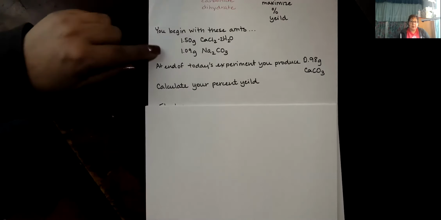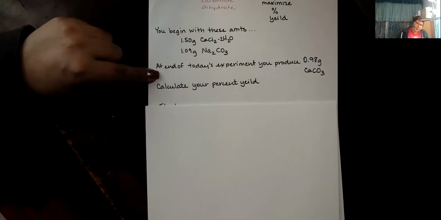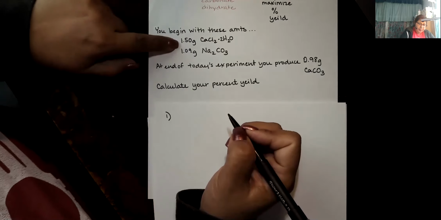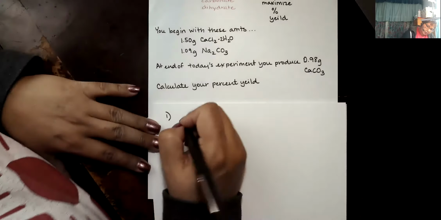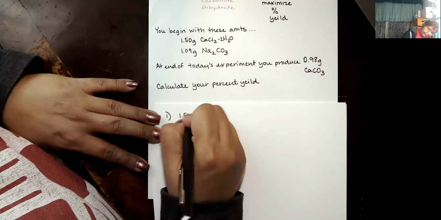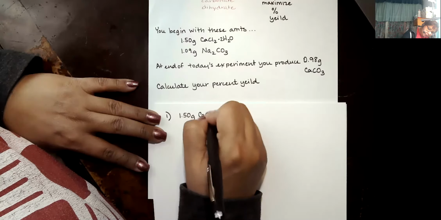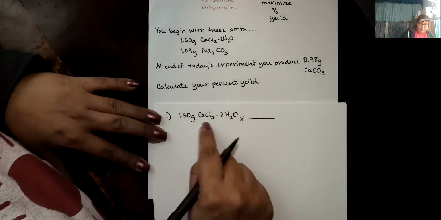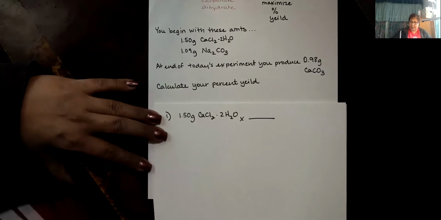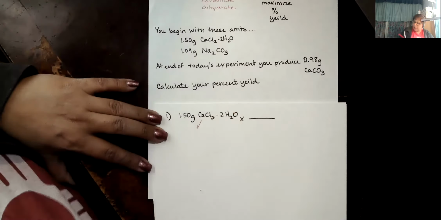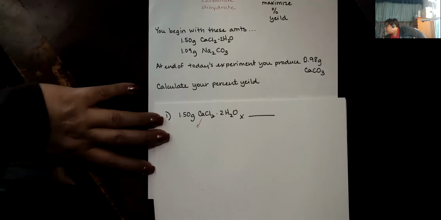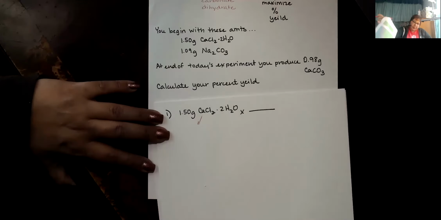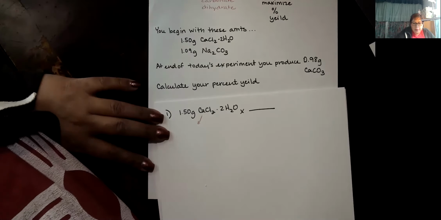We begin with these amounts. Now we want to calculate our percent yield. So I'm going to need to know how many moles this represents. So 1.50 grams of calcium chloride dihydrate times the molar mass of calcium chloride dihydrate. So you're going to have the molar mass of calcium, which all by itself is 40, if I'm correct.